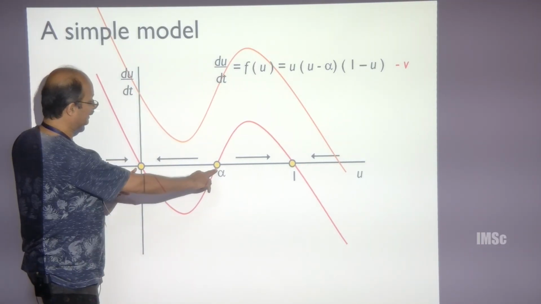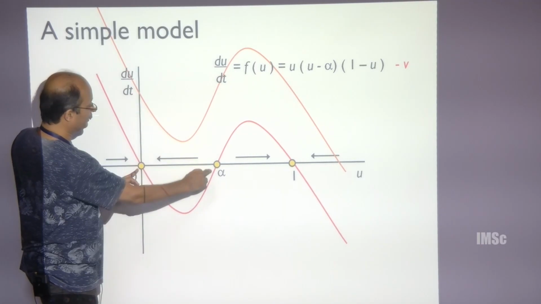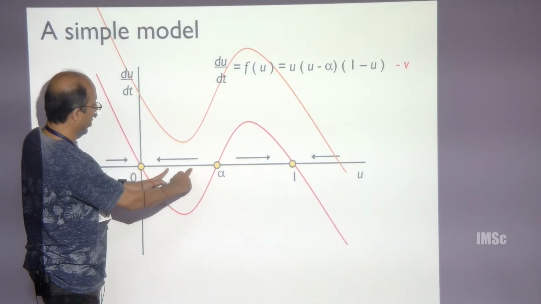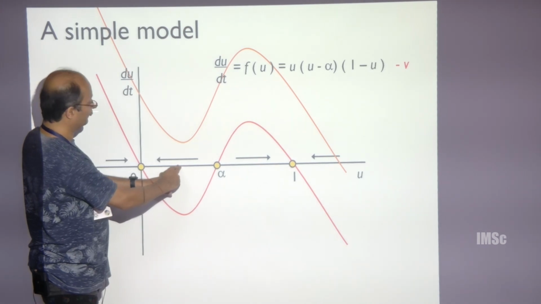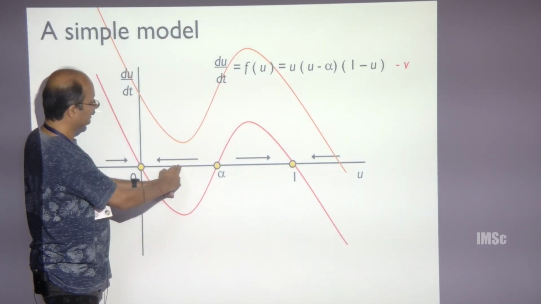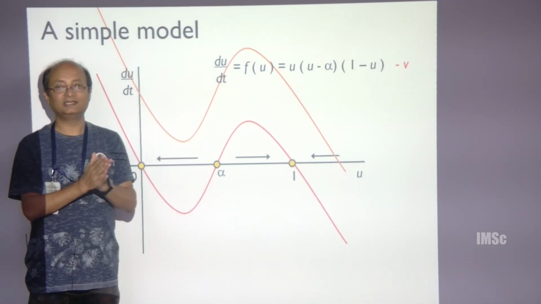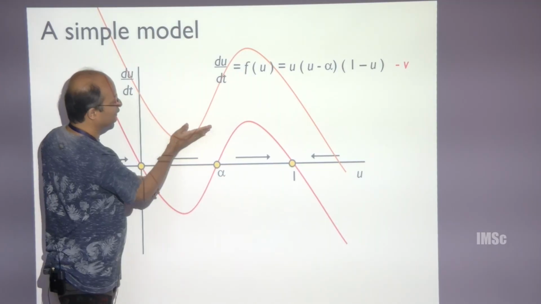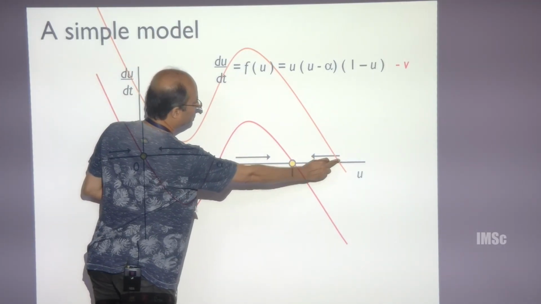What has happened here is that as you gradually push it up, the alpha and the 0, or the resting state and the threshold, approach each other, and at some value of v they would collide, and this collision leads to their mutual annihilation. After that there are no more fixed points here, the only equilibrium is over here.